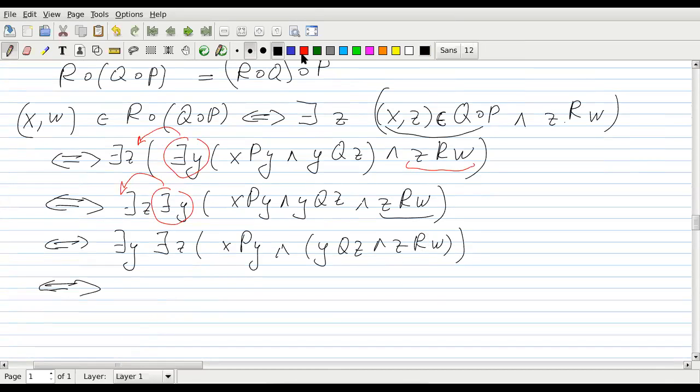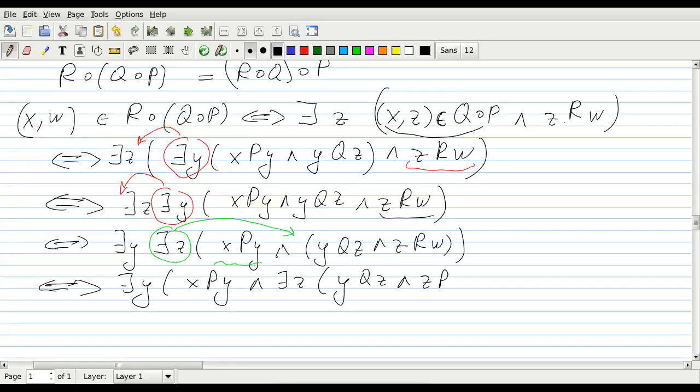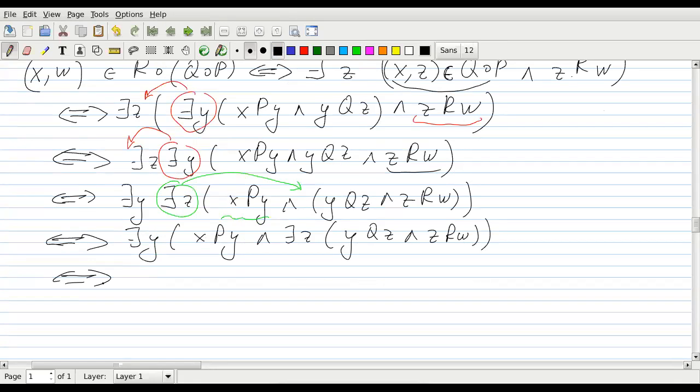Yes. And now I may observe that this one does not depend on Z. So I may easily move this quantifier here, which will result in the following. There exists Y such that X, P, Y, and there exists Z such that Y, Q, Z, and Z, R, W. Is it clear?